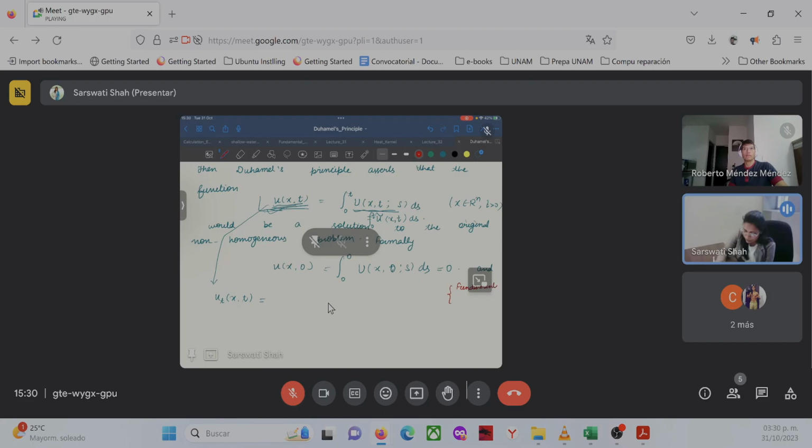So u_t(x,t) is equal to the integration from 0 to t of u tilde_t(x,t;s) ds, the derivative of the integrand, plus the derivative of the upper limit, that is 1, times the value of u tilde at t, so u tilde(x,t;t), and then minus the derivative of the lower limit.